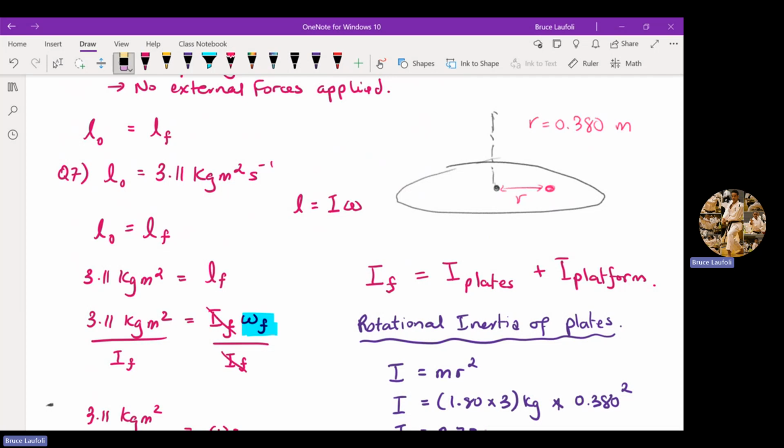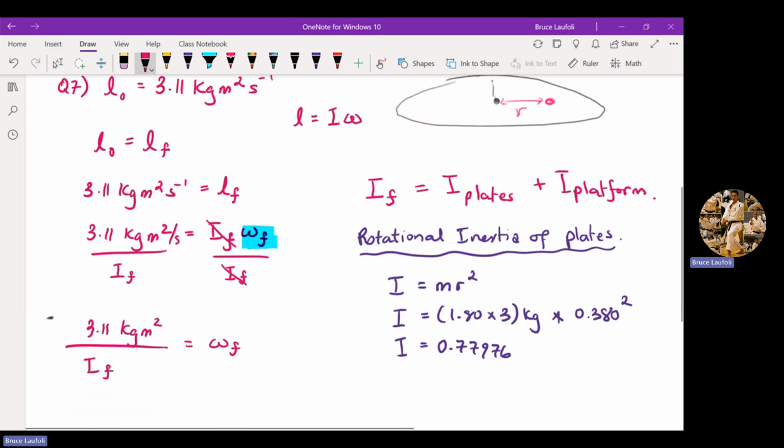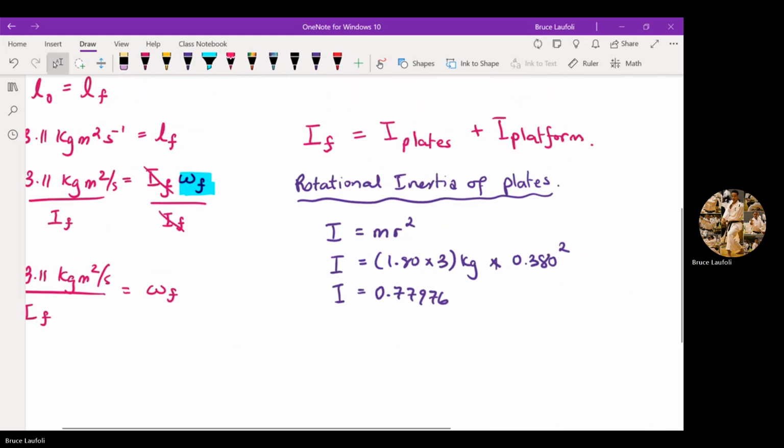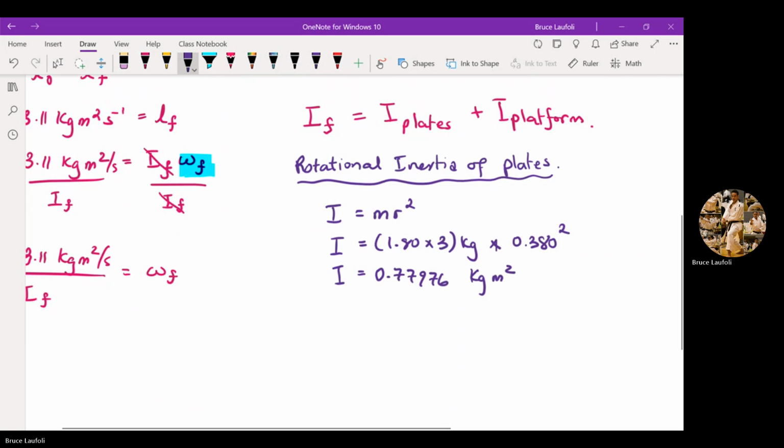So this one should also be per second. That should go to L final. Okay, now everything's looking correct. So that's kg m squared, the rotational inertia of the plates.